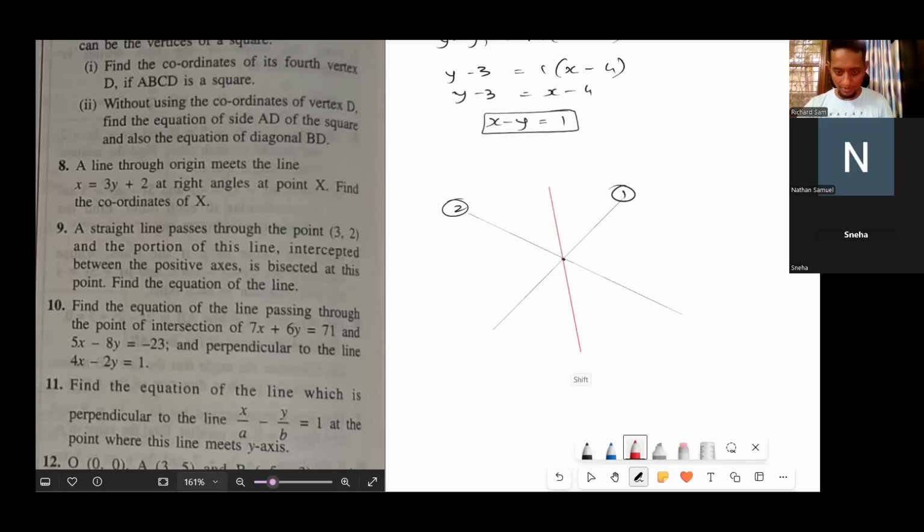Okay, a red color line. And what else about this line? It's passing through this point and it's perpendicular to another line. So there's another line here, blue color line, perpendicular to that. Is this clear, everyone? So this blue line is the third equation that they've given. So how do you find this equation of this red line?